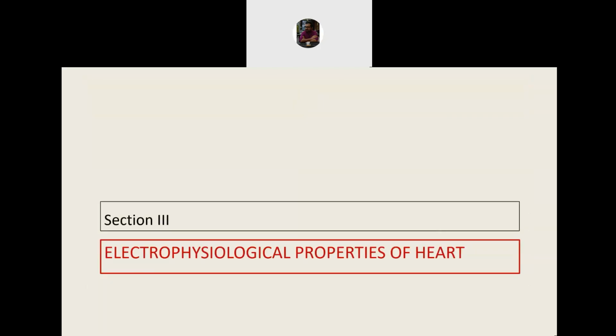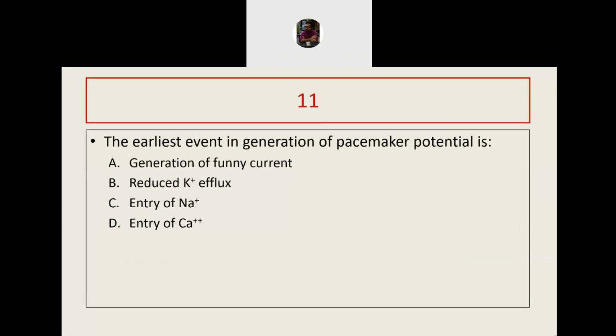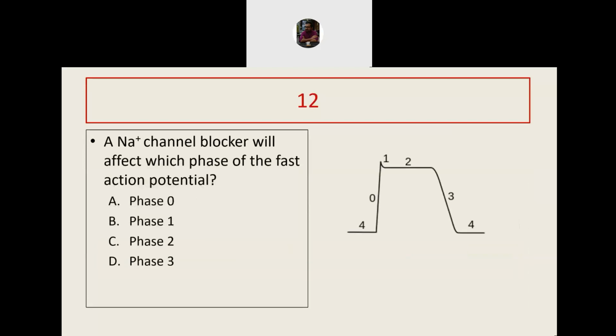Coming to the final section, the electrophysiological properties of the heart. Let us try these questions. The earliest event in generation of pacemaker potential is. Okay, the answers are all split in opinion. I'll move on to the next question. Look at this fast response action potential with the phases labeled.